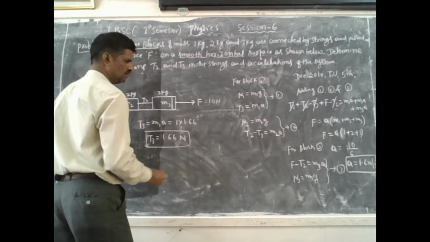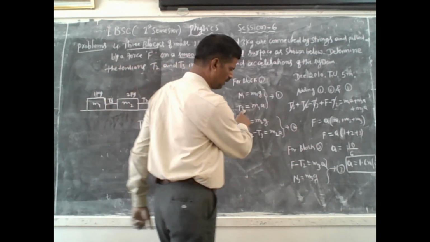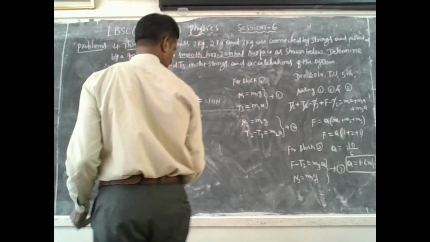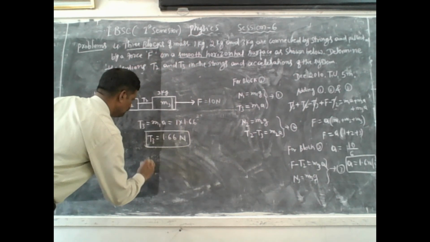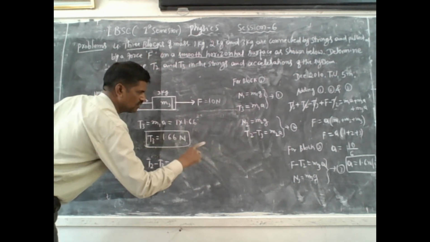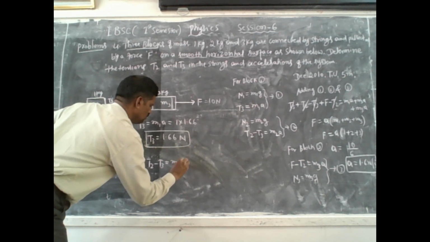And now T2. T3 is over, and for T2 you can take any equation. T2 minus T3 equals M2A.